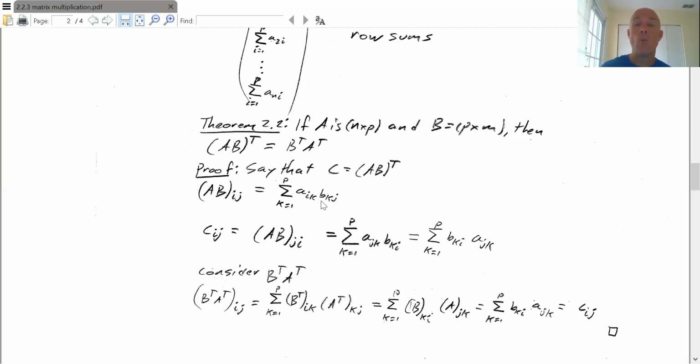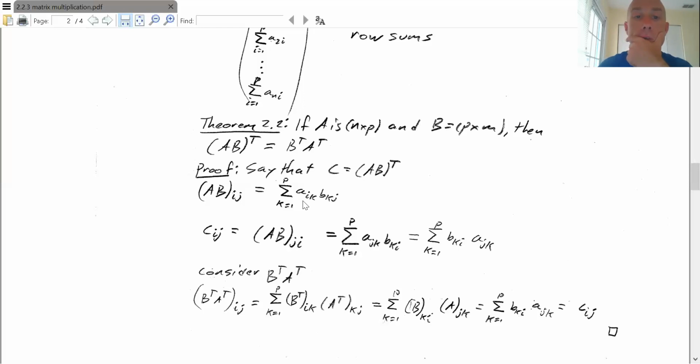Okay, well, when I take the transpose, if you remember, we switch the rows and columns. Rows become columns, columns become rows. If I look at this formula, what's going to happen is I just switch i and j. Rows become columns, columns become rows.